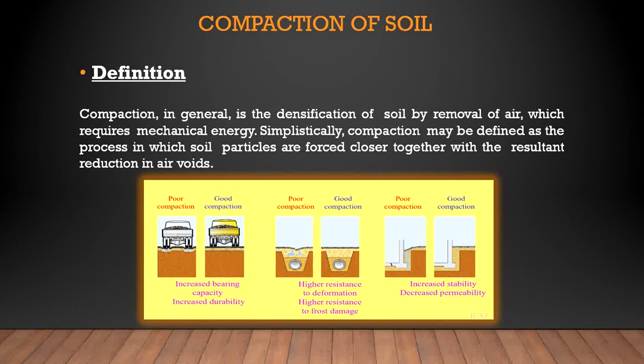For the purpose of supporting highways or buildings, or for retaining water as in earth dams, the soil material must possess certain properties while in place. These desirable features can be achieved by proper placement of an appropriate soil material. Most of these desirable qualities are associated with high unit weight or dry density, which may be achieved by compaction.